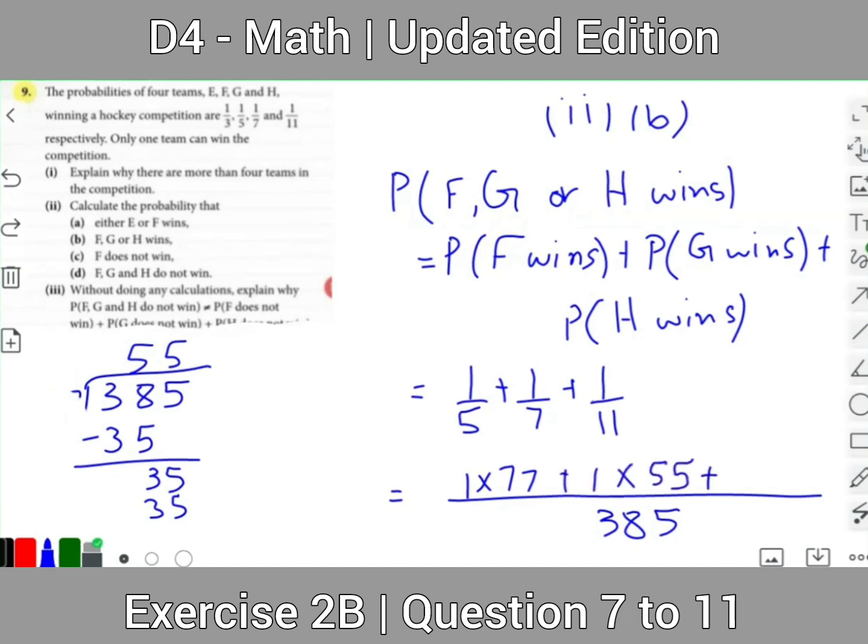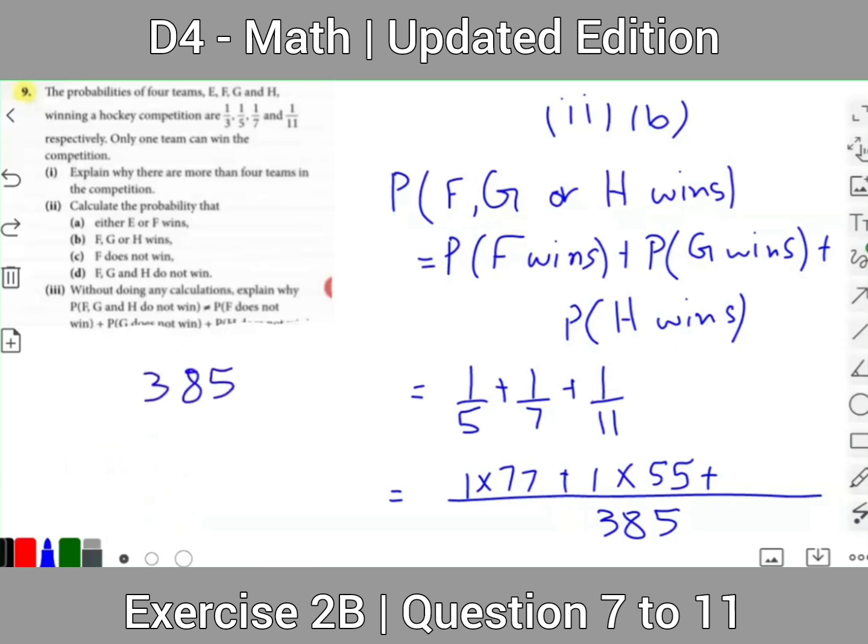Now for 11, 385 divisible by 11. 11 threes are 33, and 55. 11 fives are 55. So here we have 1 multiplied by 35.